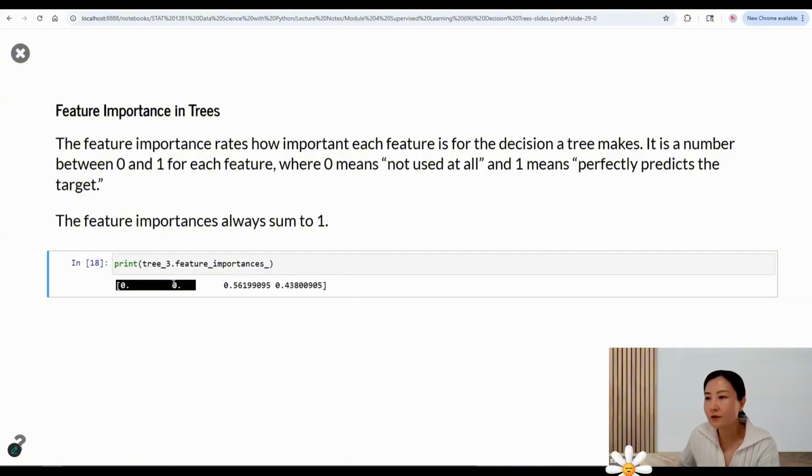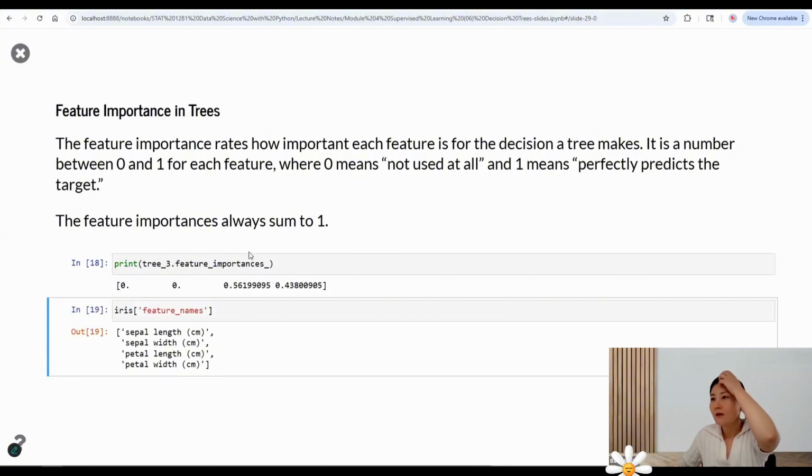And the first 2 features have 0 importance. This is because we only use 2 features, petal length and petal width. So of course, sepal length and sepal width have 0 importance. But anyway, the sum of them is always equal to 1. And yeah, we can compare them, the third and fourth features.